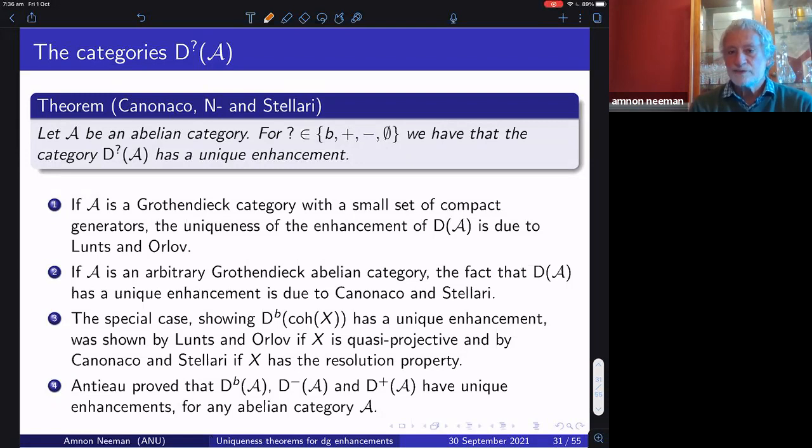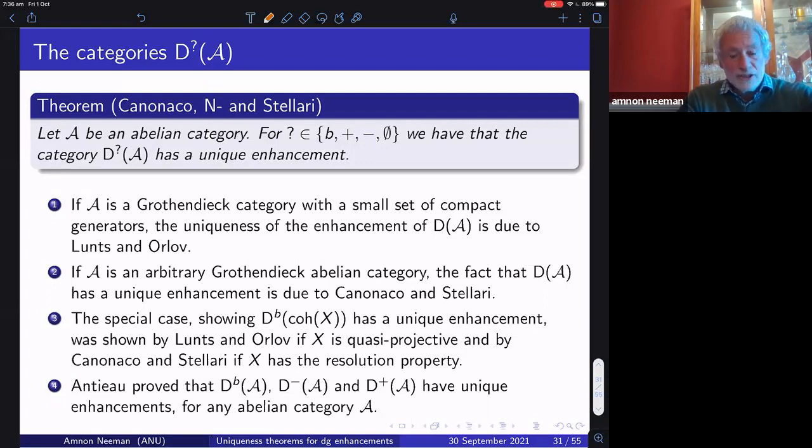In other words, can one prove Antio's much better results without appealing to infinity categories? We weren't trying to improve on his results. We were trying to understand whether the infinity category machinery was necessary. And in the end, we found completely different proofs which proved better theorems.